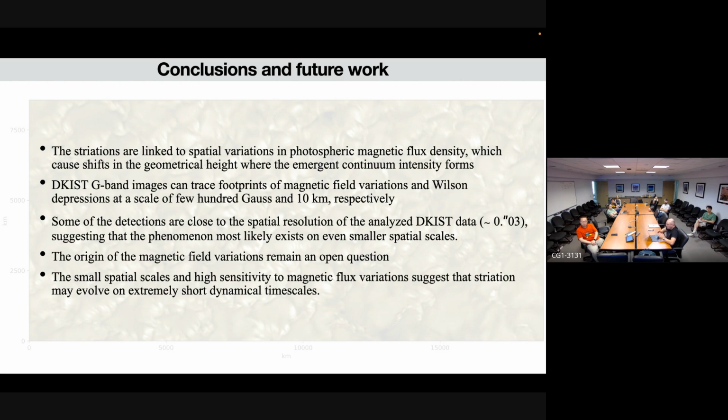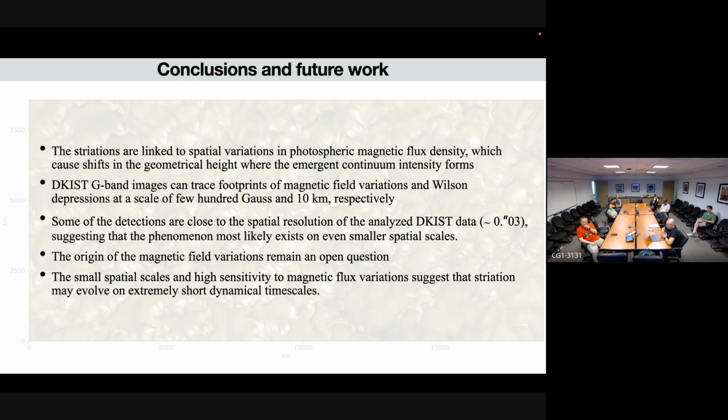And the dynamics, I have not mentioned the dynamical nature of these things, but we can predict, and we can actually see in the observations and simulations, that they have very short dynamical time scales, which is not surprising because they have short spatial scales, and the variation of parameters like magnetic field and Wilson depressions is extremely small, so they should have short dynamical timescales.